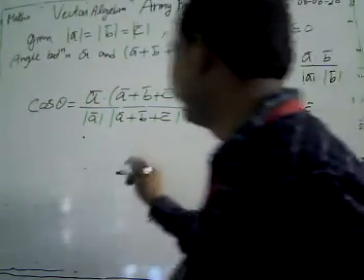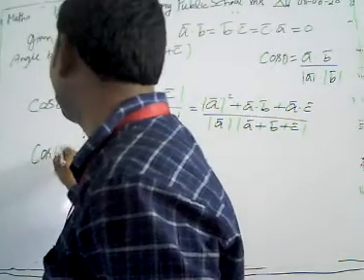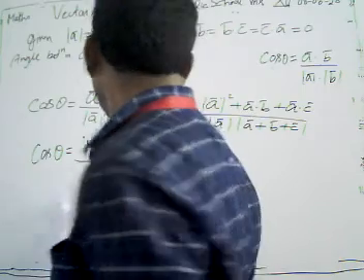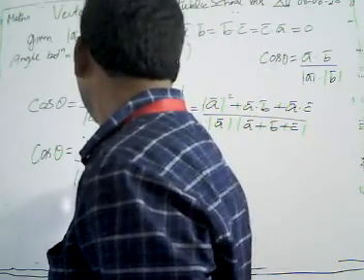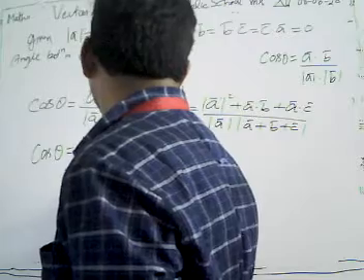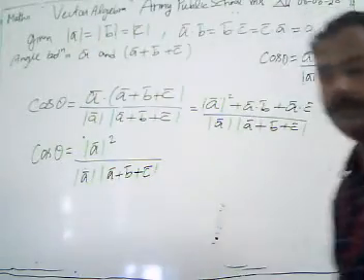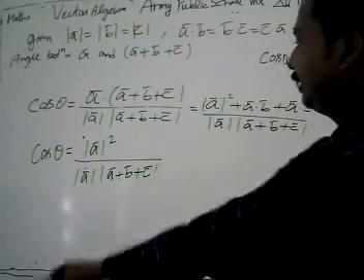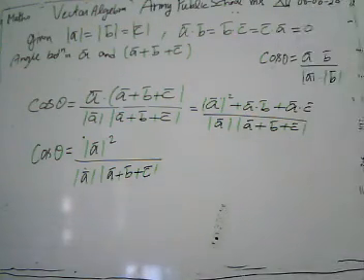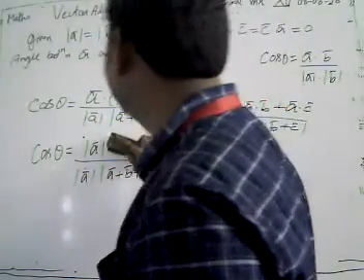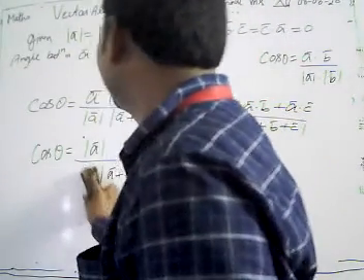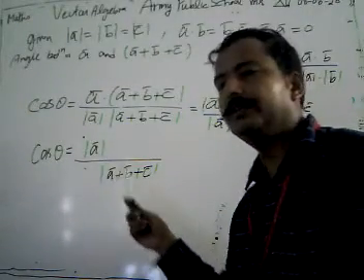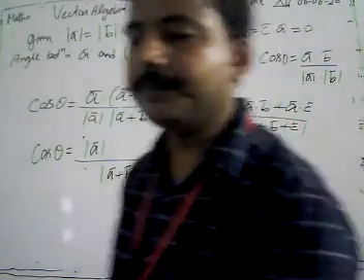Then finally cos theta is mod of A square by mod of A and mod of A plus B plus C. We can cancel out this mod because we also have mod in the denominator. Then, after simplification, cos theta is given by mod of A over mod of A plus B plus C.